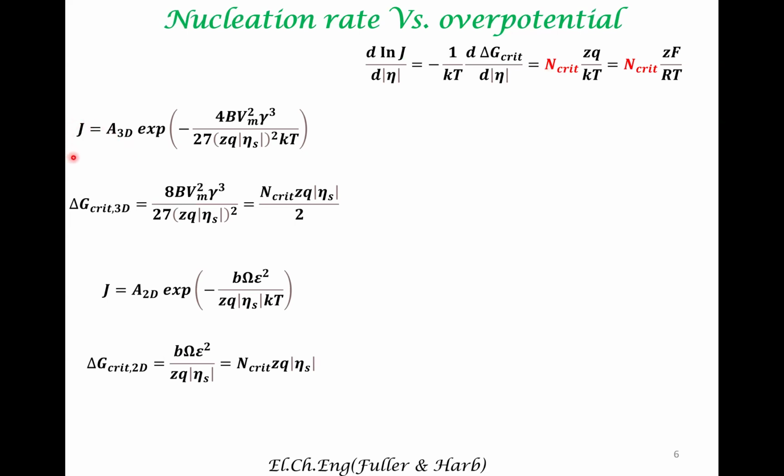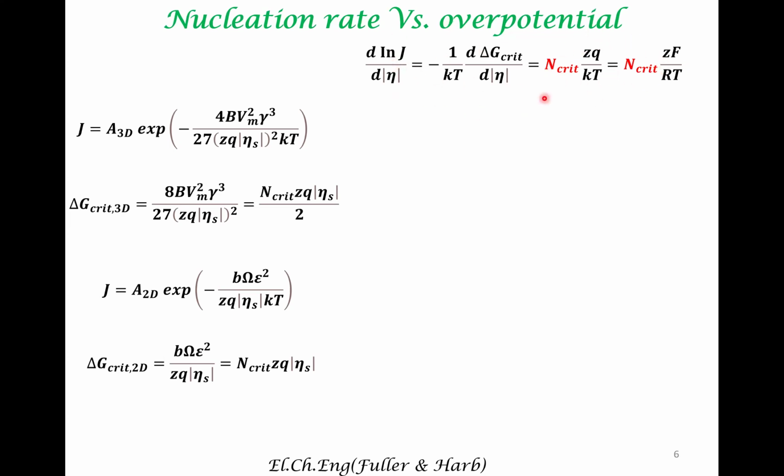And when you have an activated process, the rate of the process is connected to delta G. So in effect, J can be connected to n critical.